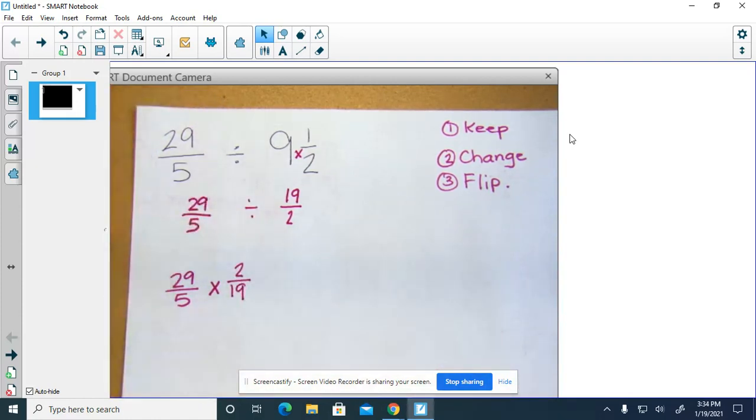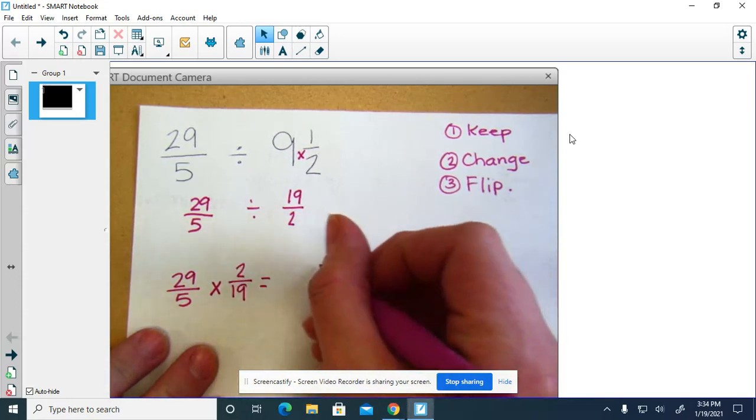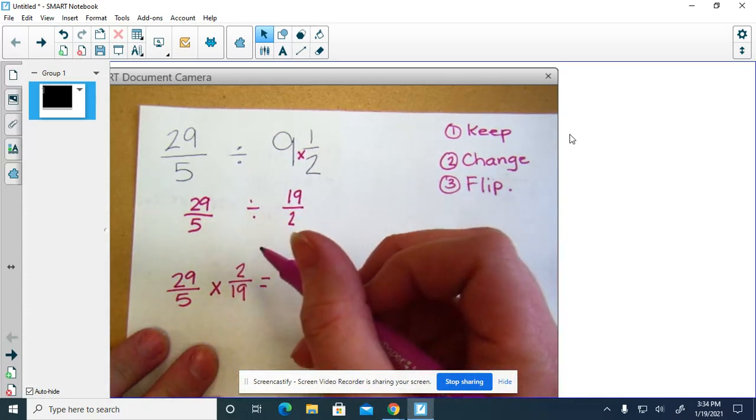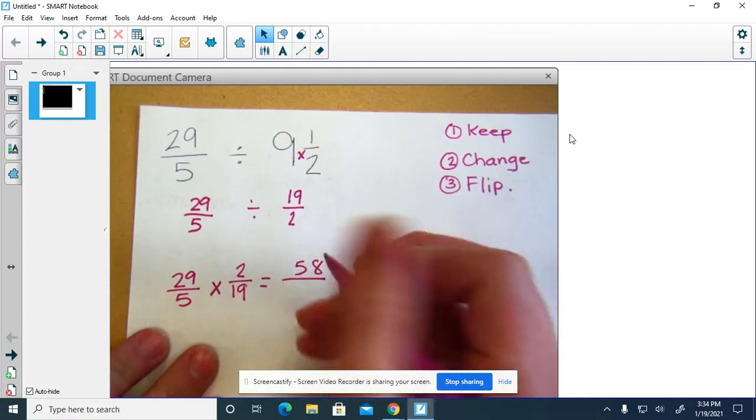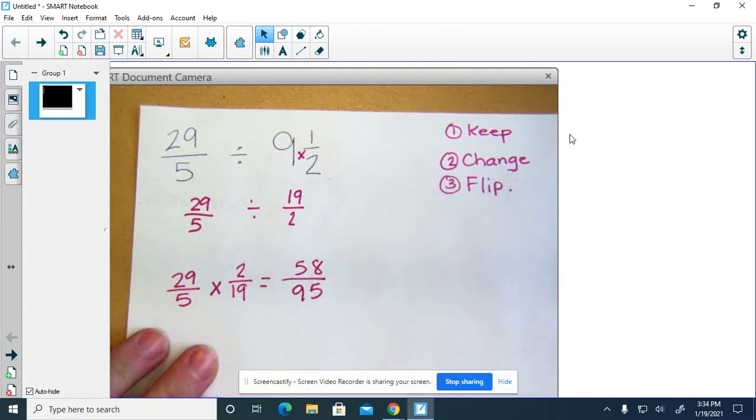Now, you can look at the numbers and see if there's anything that goes in equally and cross out, or you can go ahead and multiply across. So I'm going to go ahead and multiply across. And you get 58 95ths.